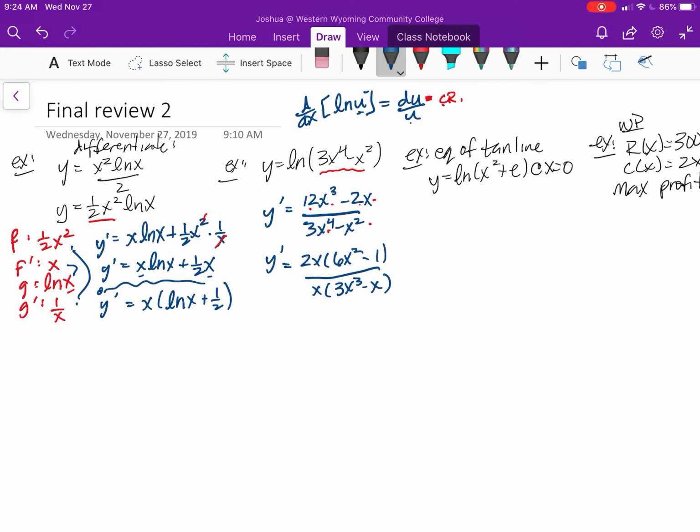I guess we could have factored out an x squared. Let's go ahead and do that. Okay, x squared in the denominator, we have 3x squared minus 1. Doesn't change a whole lot, but I guess it looks a little cleaner. Okay, cancel an x. That's all we could do. Here's your derivative. We have a 2, 6x squared minus 1, over x, 3x squared minus 1.